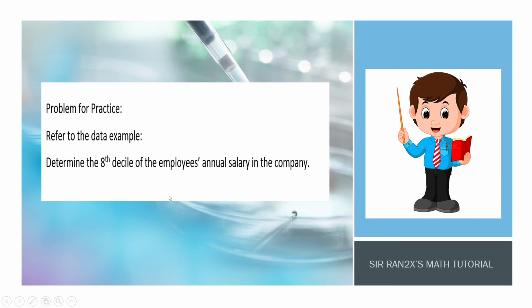You can use the formula above for decile, with the same process. Locate it using the cumulative frequency, and then identify the class interval, so you can have the class boundary, the frequency, and the cumulative frequency. Then substitute into the formula, and you will arrive at the correct answer if done correctly.